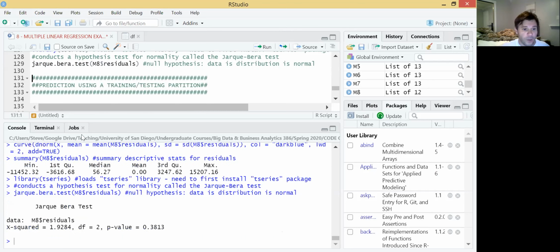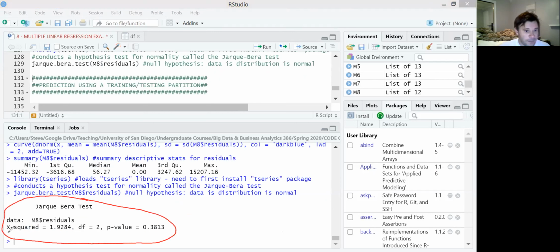So when we run that test, you'll notice the results popped up down in the console window here. They give us the test statistic, and they're using something called a chi-square distribution for the test statistic. If you had a table for the chi-square distribution, you could check at what significance level that gives us a significant result.